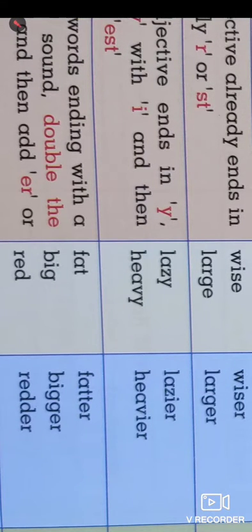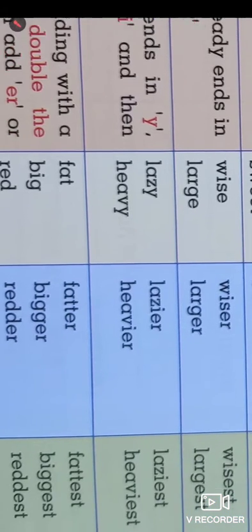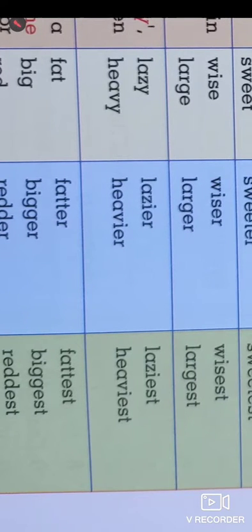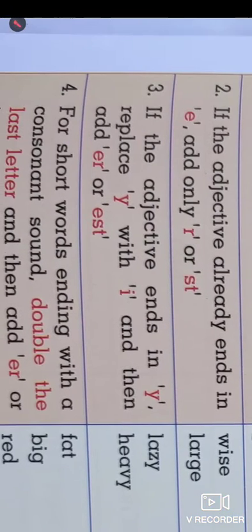These words end with y, and in the comparative degree the suffix ier comes instead of y, and in the superlative degree it becomes iest. So these are one kind.